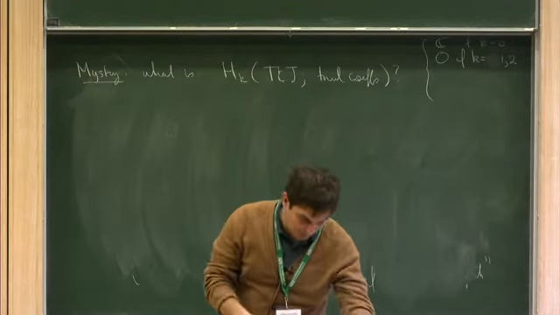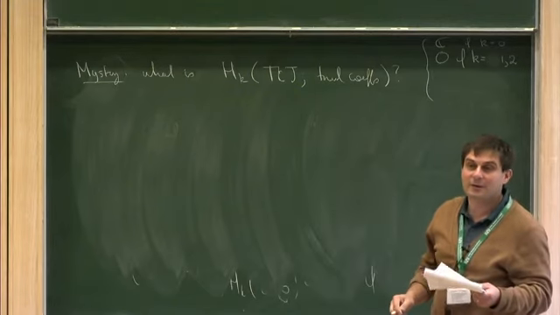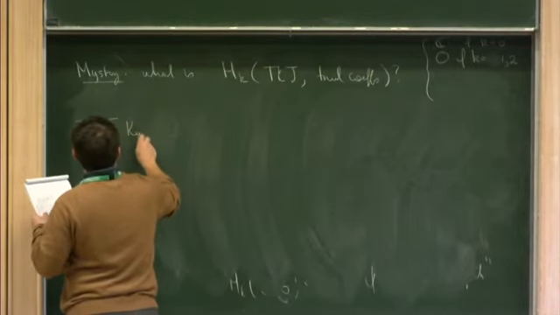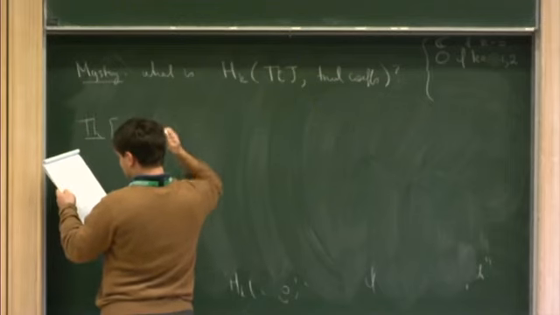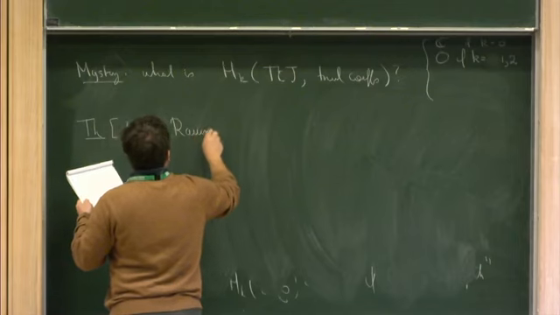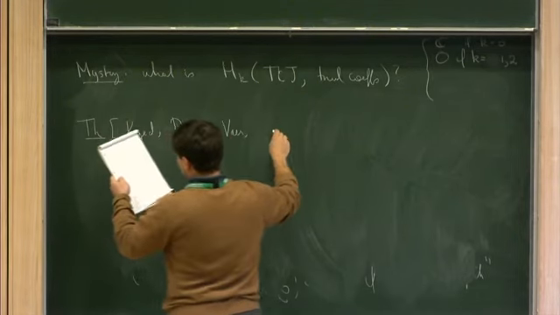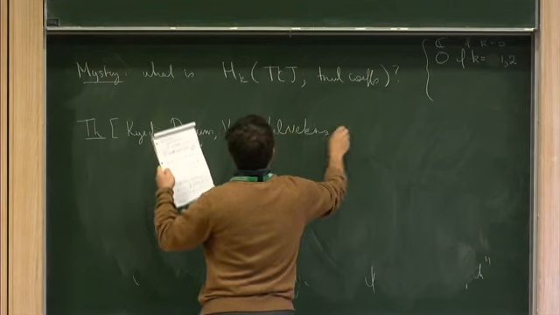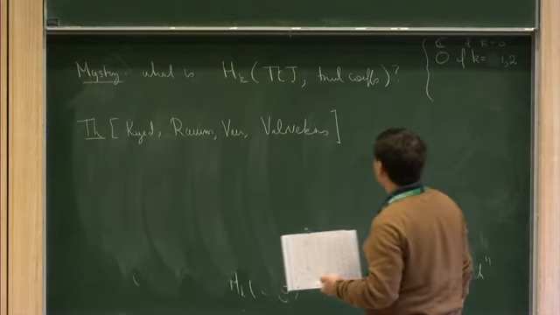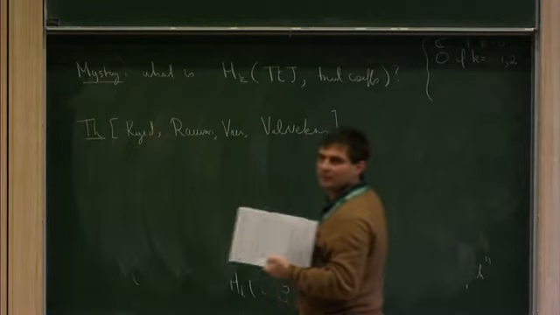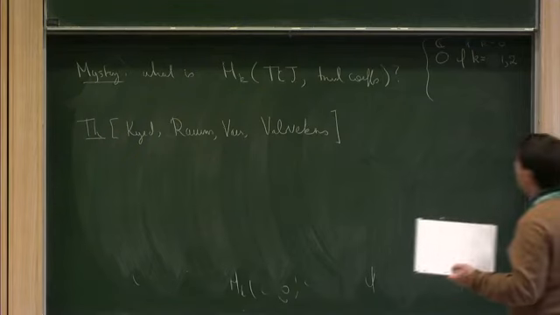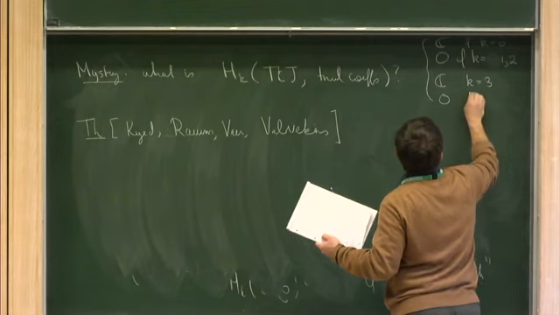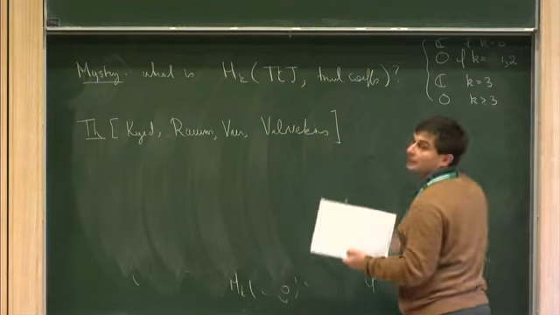And now there's a paper that just came out as of yesterday, I guess, by Kyed, Raum, Stefaan Vaes, and a student of Stefaan, Michael. Anyway, they were able to actually show that this is C again if k is equal to 3, and then 0 if k is strictly bigger than 3.